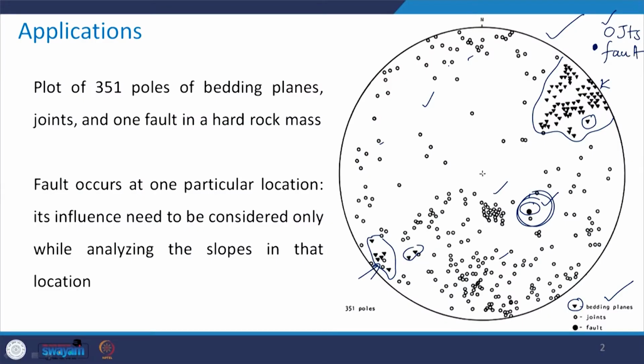Let us say I have to analyze a slope somewhere in this zone. No fault is there, so why should we bother about that? That is how the graphical representation of this data helps us in the analysis of various structures.